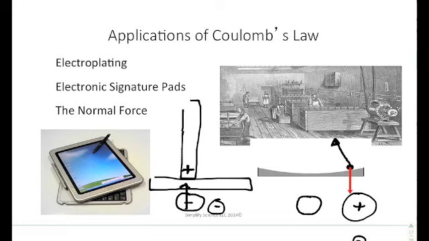You could have a proton here with an electron, and then the surface you are resting on has a proton, and then it has an electron. The normal force is the interaction of the electrons in the outer layer of something interacting with the outer layer of another. It's a repulsive force, and that's where this upward force from the surface of a table or a ramp comes from: the electrons repelling each other.